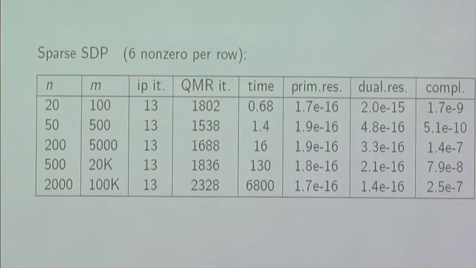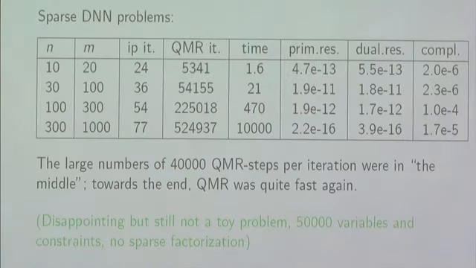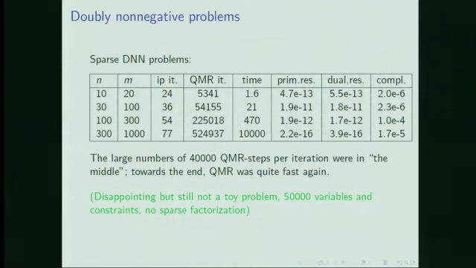We tried the same thing for doubly non-negative examples, so for the cone with non-negative matrix entries for each of the matrices. And here, these results are rather disappointing. We only get up to dimension 300, and even then it takes about 3 hours on a standard laptop.